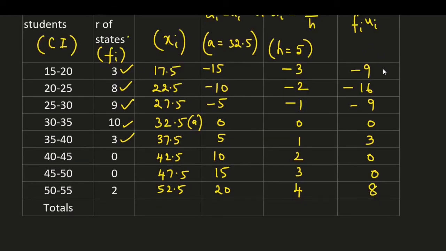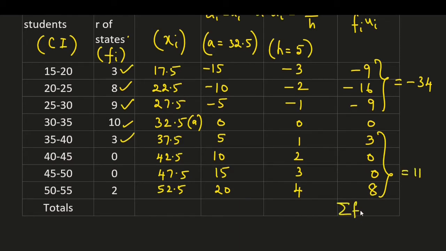Now the sum of the negative values, it is 9 plus 16 is 25, plus 9, so minus 34. Sum of positive values is 11.